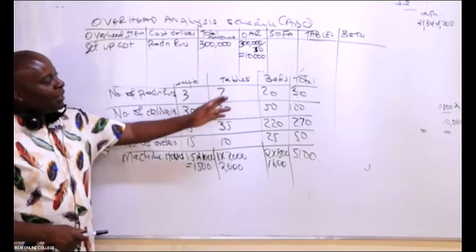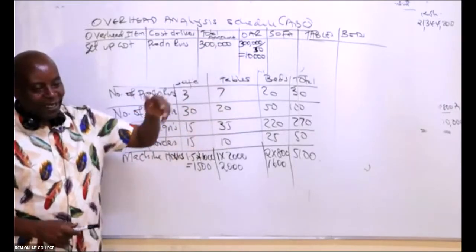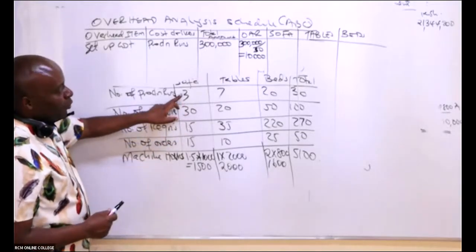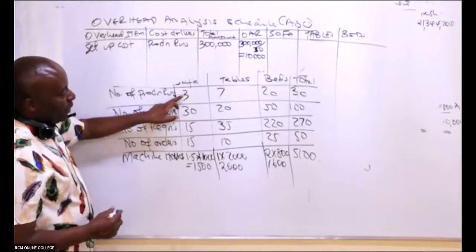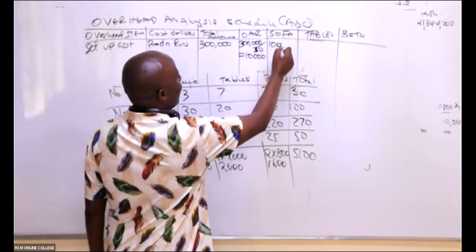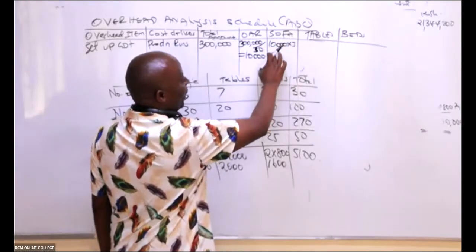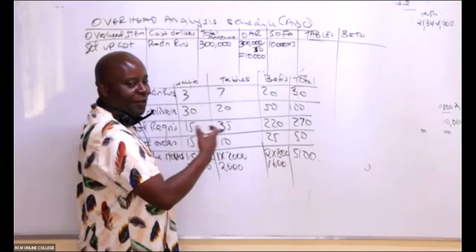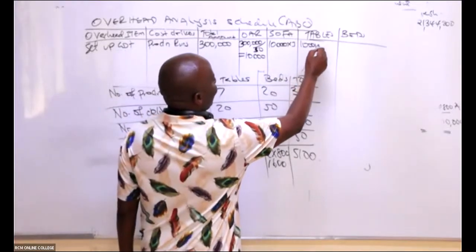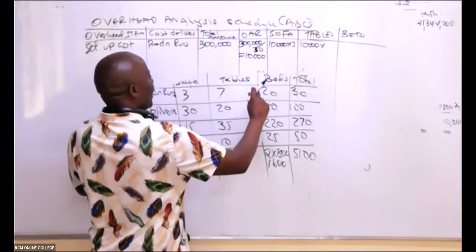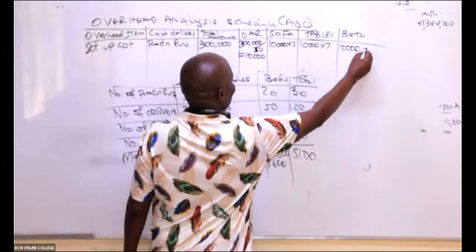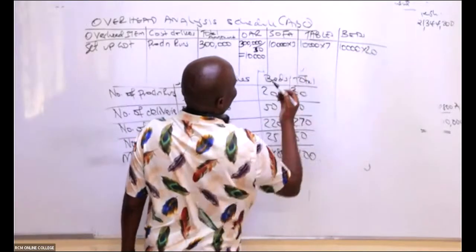So then how do I spread this amount to the sofas, tables, and beds? We have the production runs for sofa sets, so this will be 10,000 times 3. You don't have to do these workings in your exam; if you understand, you post the answers directly. This will be 10,000 times number of runs, 7, and this will be 10,000 times 20.